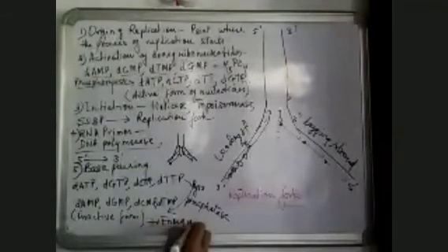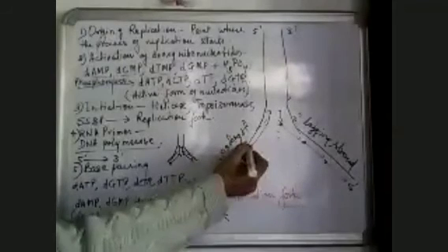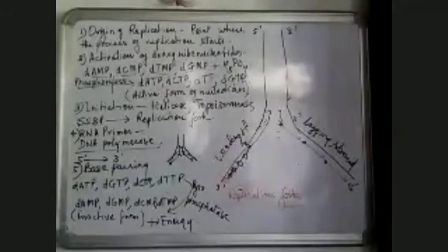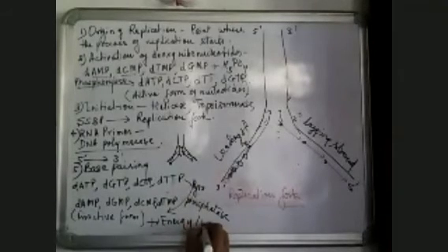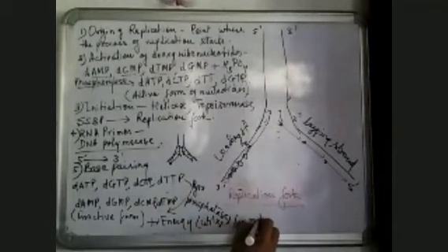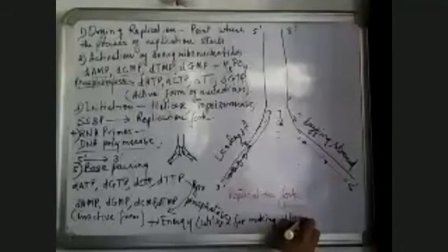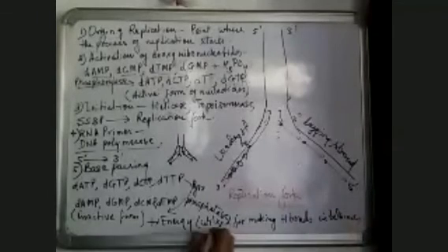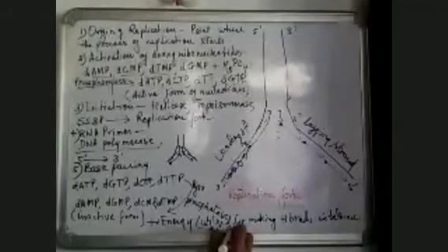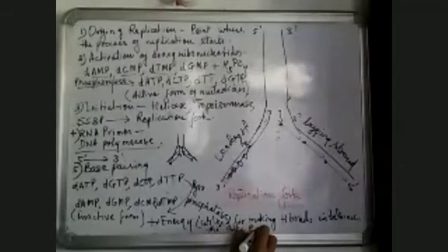And this energy which is released is utilized for pairing of the base pairs, for making hydrogen bonds in between the base pairs. And finally, the hydrogen bonds are made and the new strand is made.